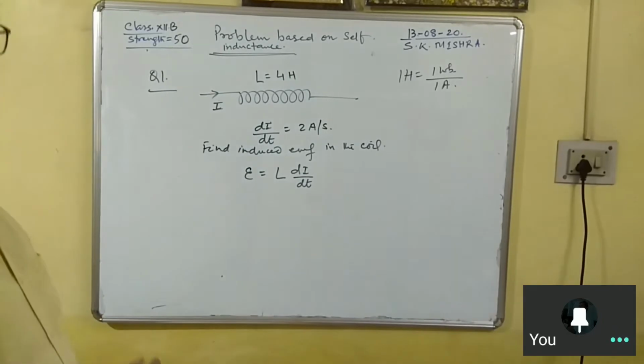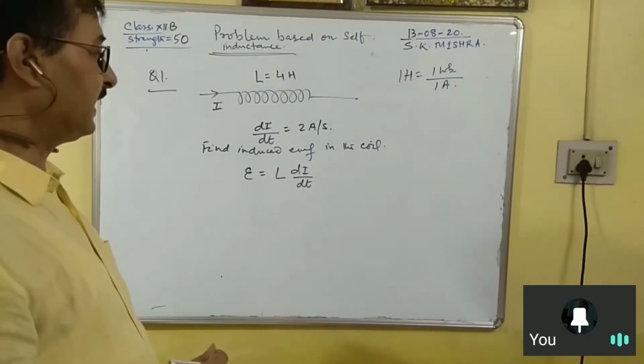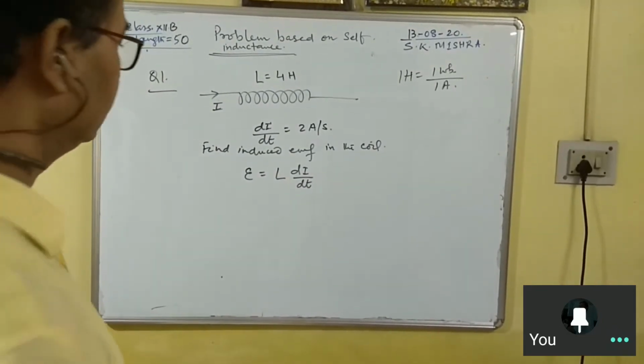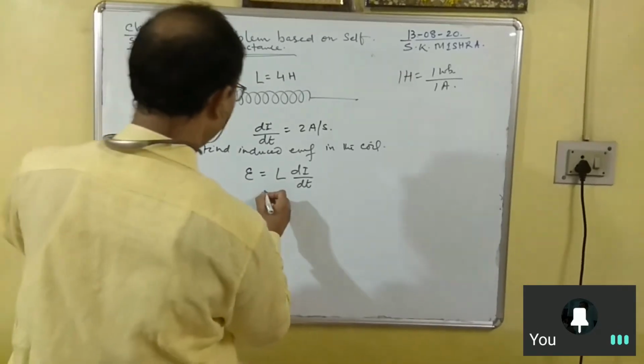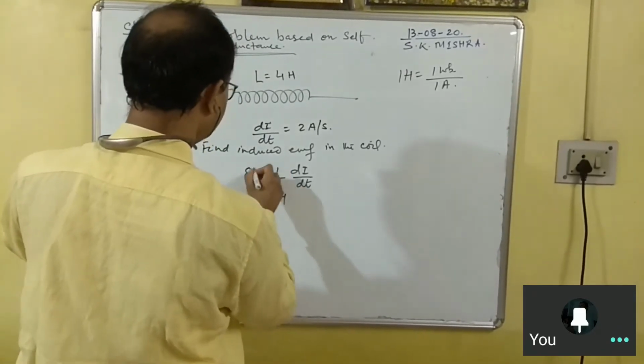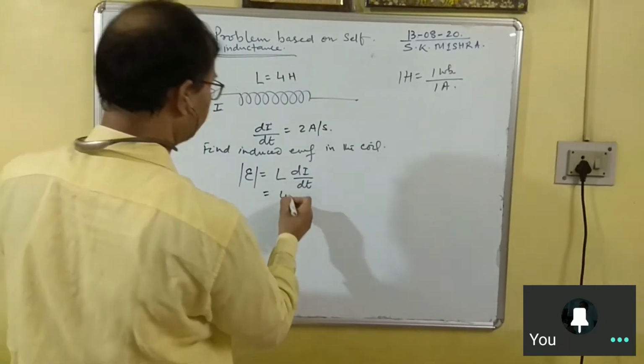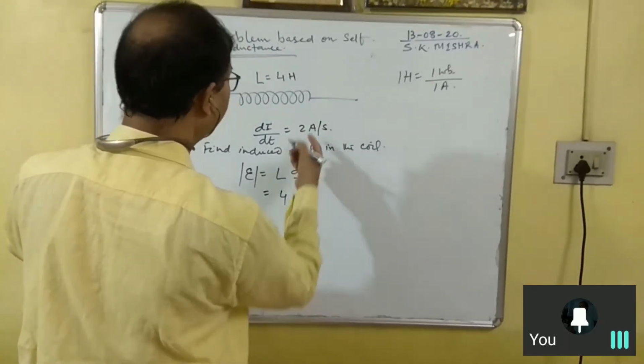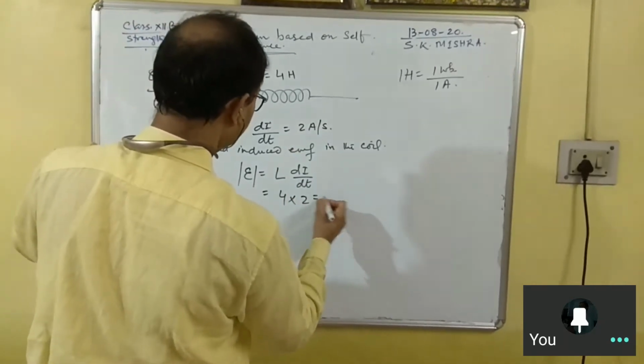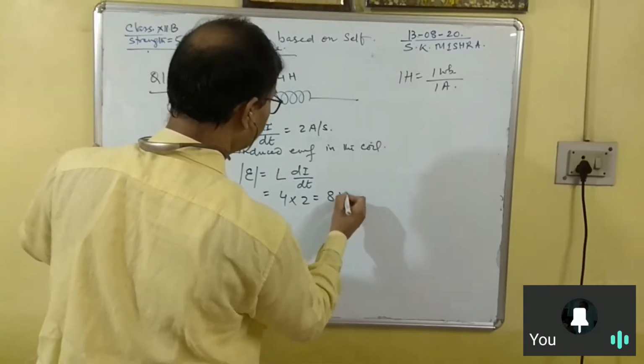So mod of E is L di by dt. L is 4, and di by dt is 2, so it is 8 volt.